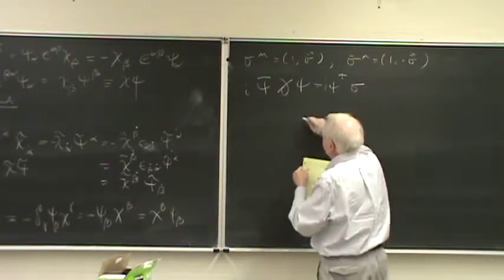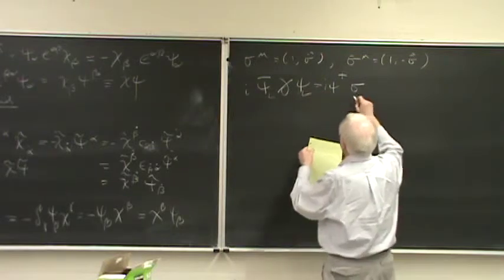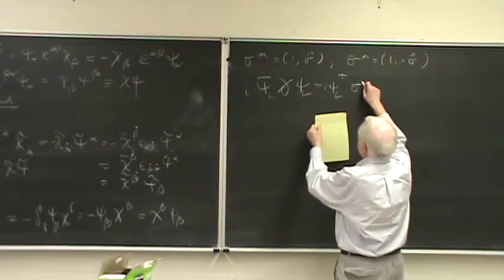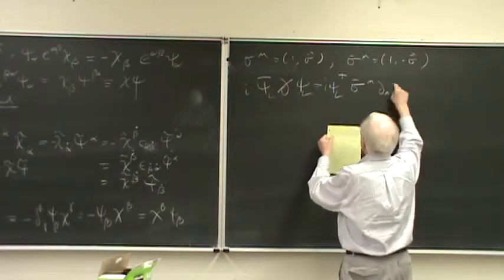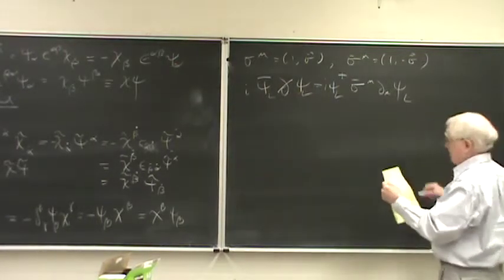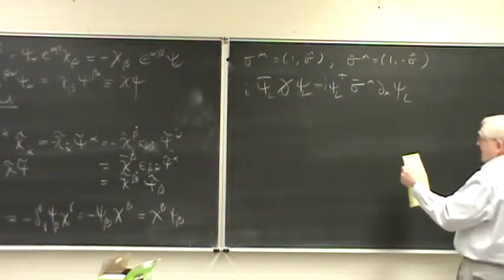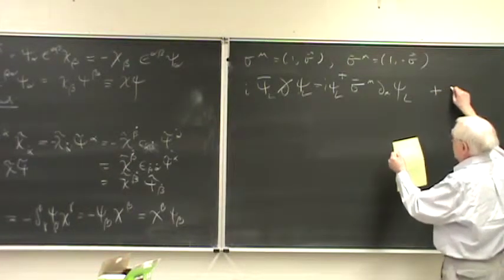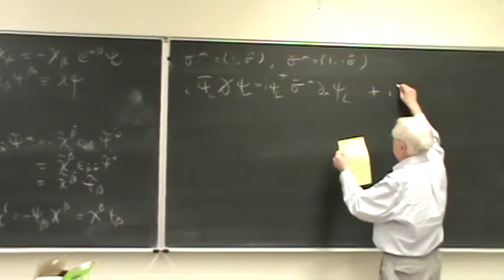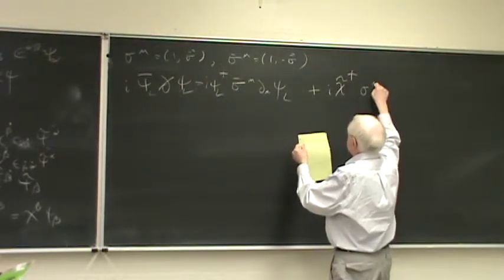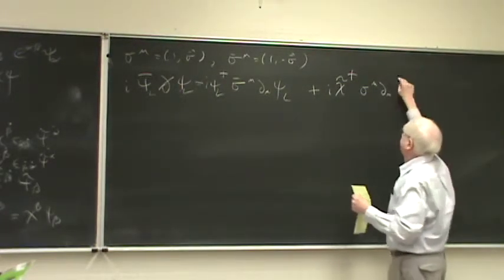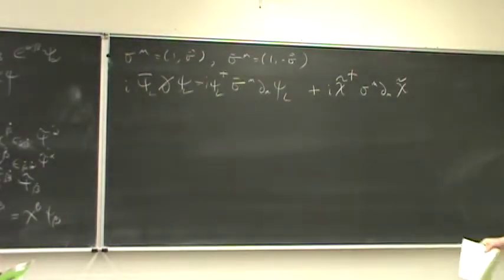If this is left-handed, let me make that explicit, then this is sigma bar mu d mu psi. This is Lorentz invariant. And then the other part having to do with chi, with the right-handed part, is chi dagger sigma mu d mu chi tilde. So this is something I went through probably a week ago.